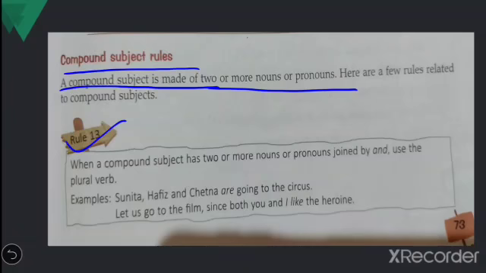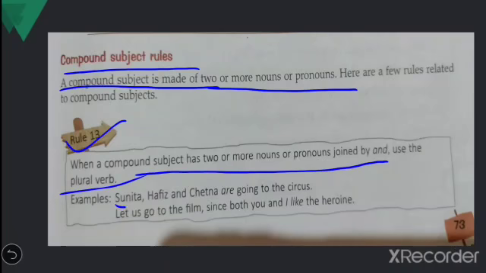When a compound subject has two or more nouns or pronouns joined by and or any other words, that time you have to use a plural verb. Sunita, Hafiz and Chetna are going to the circus.